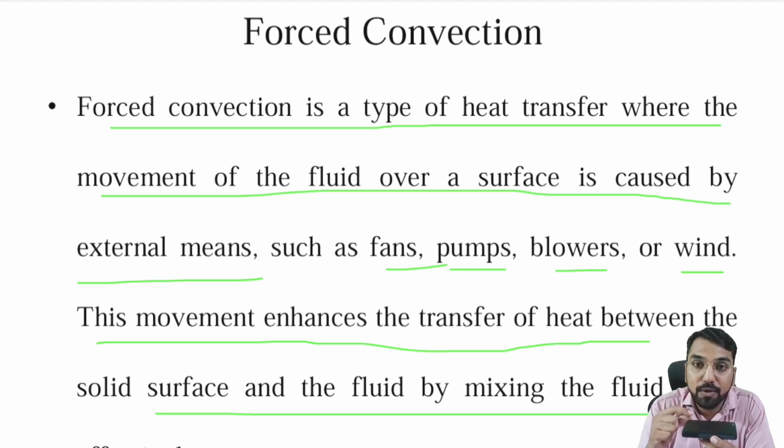So we don't have any control over that flow of fluid, but in forced convection we have control over the fluid motion by supplying air through a fan, blower or any external device like a pump.